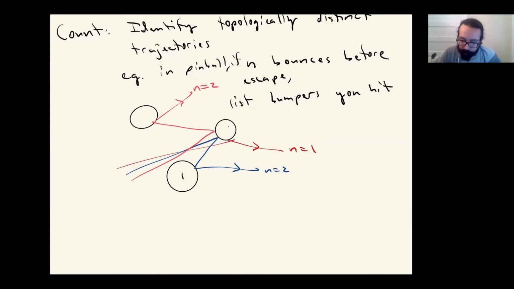If I label my bumpers 1, 2, 3, then the n equals 1 is labeled by just the single bounce off of bumper 2, whereas this blue trajectory is labeled by 2, then 1, whereas this one over here is 2, then 3.